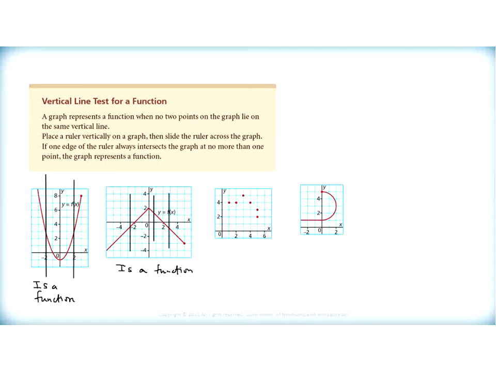For the third graph, I can draw a vertical line right here that will intersect the graph in more than one place. Because of that, we say that this is not a function. And the same is true with the last graph. If I draw a line down through here, it intersects the graph in more than one place, so this again is not a function. It's called the vertical line test for a function.